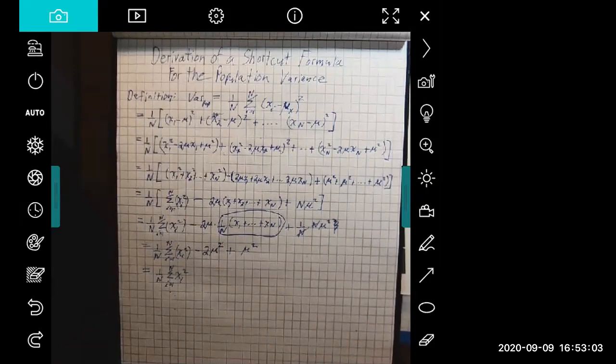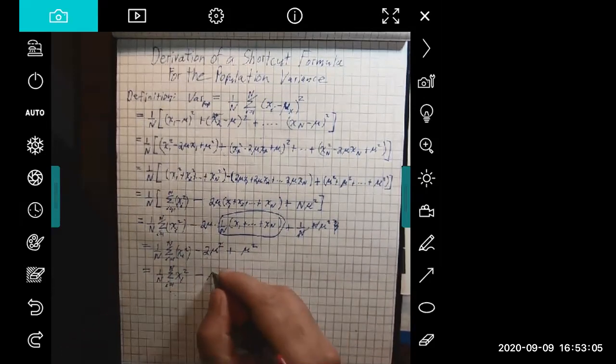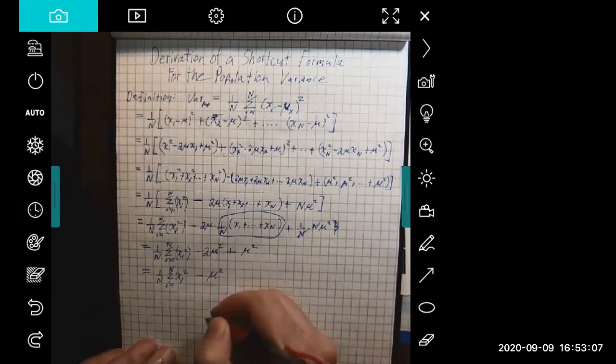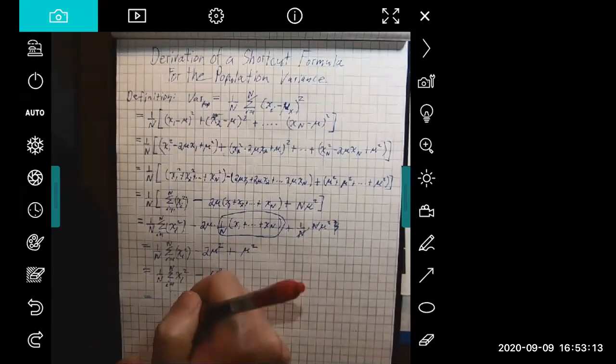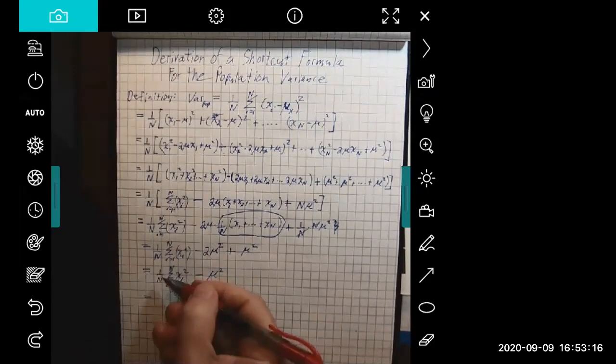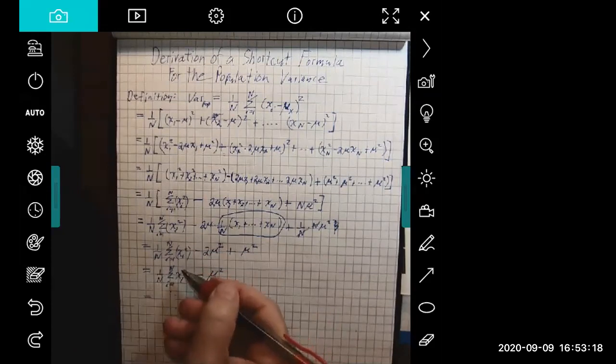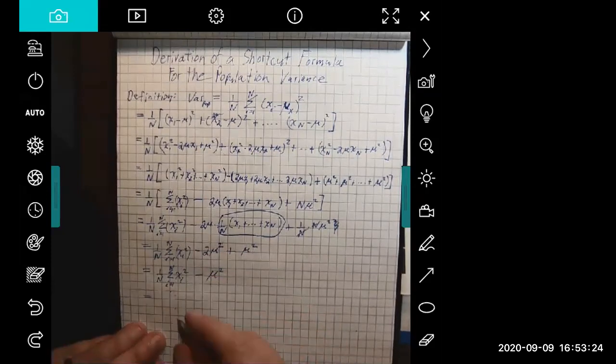So that's just minus mu squared. So to say this in words, we've got the mean of the squares, the average of the x squareds, minus the square of the mean.